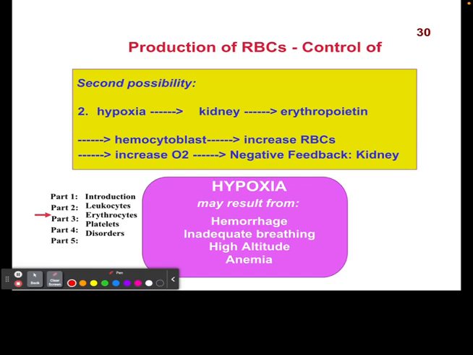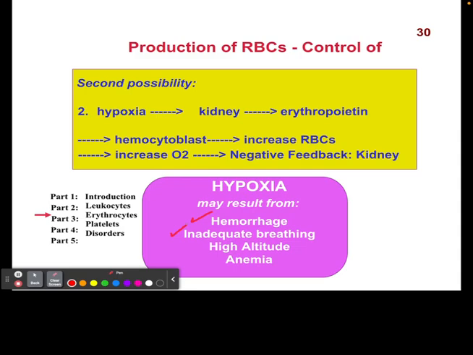Another example could be, going back to hypoxia, hemorrhage, so bleeding in the body. You're not breathing well enough. You're not able to get as much oxygen into the body. This can be literally the process of breathing, oxygen entering the lungs, but it could also be internal, right?